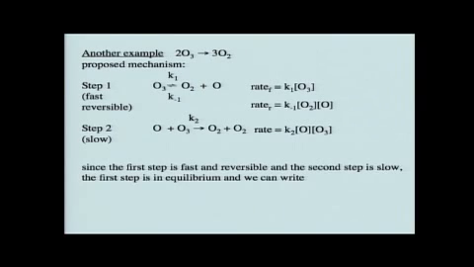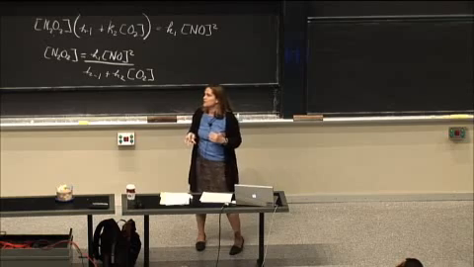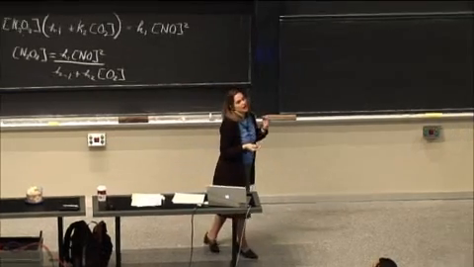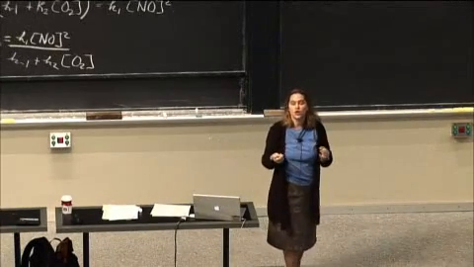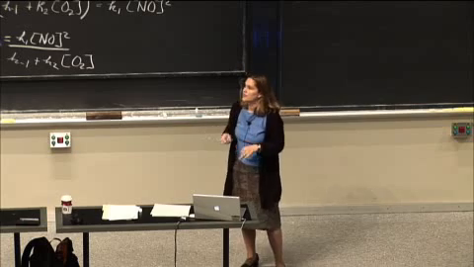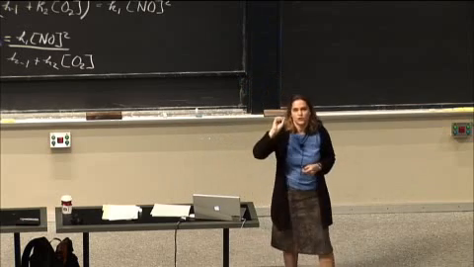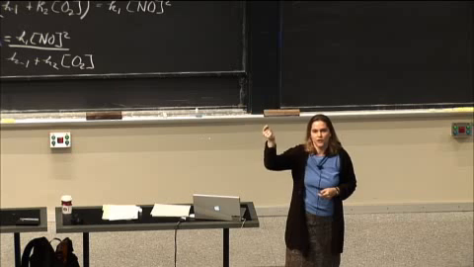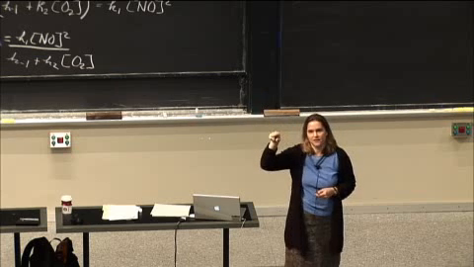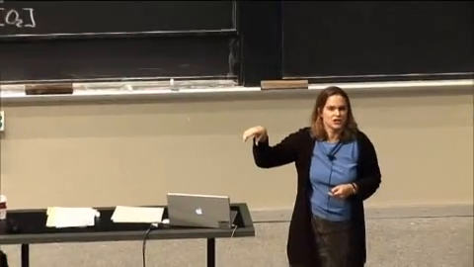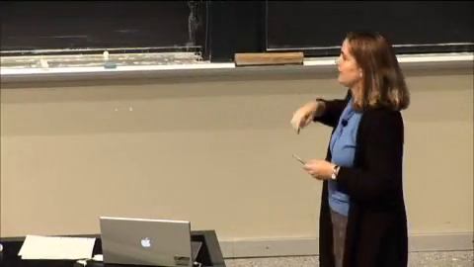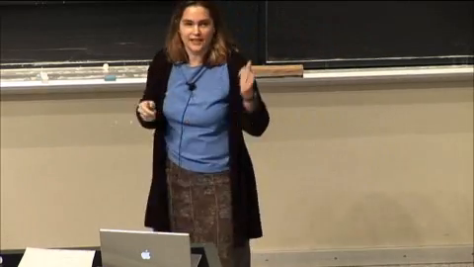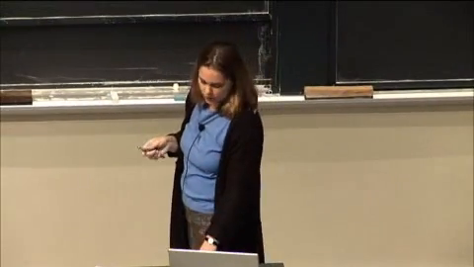But now we can do that more simply because we've set this up so that we have a fast reversible step followed by a slow step. So we can solve for the concentration of that intermediate in terms of equilibrium expressions. If you haven't learned how to write an equilibrium expression yet, remember you need it for the unit on chemical equilibrium, the unit on acid-base, the unit on oxidation reduction, and here you need it again in kinetics, so definitely want to be able to write those for the final.